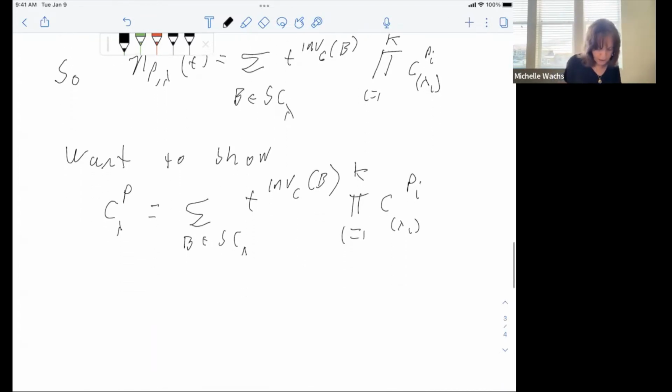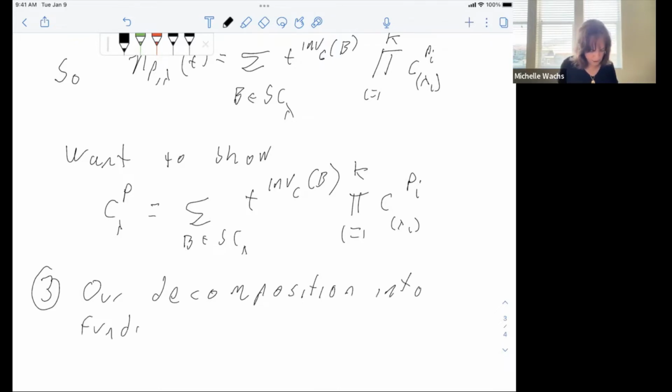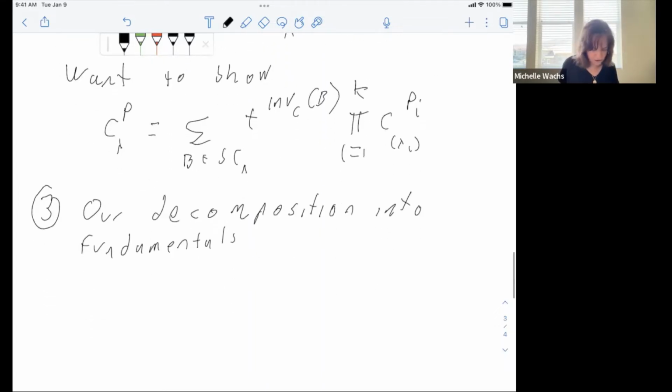So the third ingredient of his proof was the decomposition that appears in my paper with John, into fundamentals. And here's the theorem.